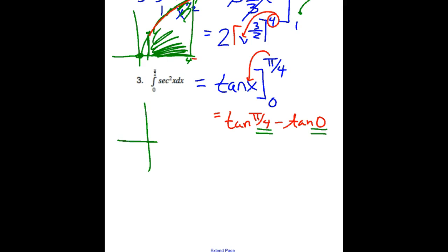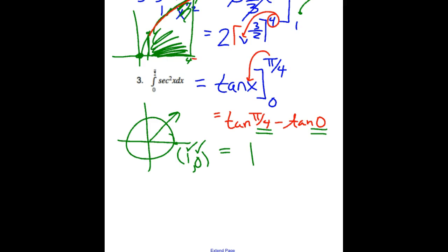100% sure, what is tangent of pi over 4? 1. Why? It's sine over cosine, and at pi over 4, they're what? I don't even care what they are. I care that they are equal, right? So this is 100% sure 1. Tangent 0 is sine 0 over cosine 0. Sine 0 is the y value, cosine's the x.